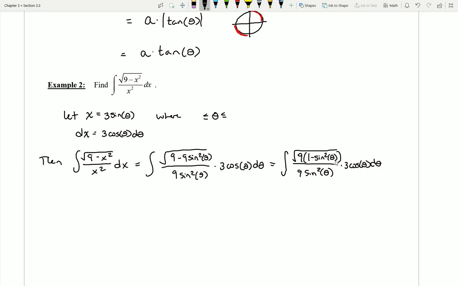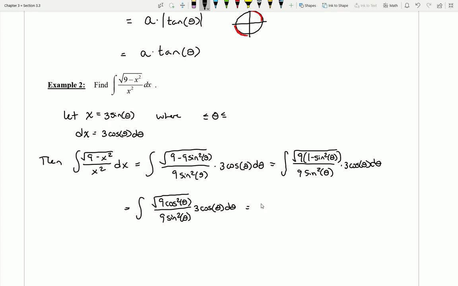Under the radical, 1 minus a sine squared, I know that's a cosine squared, and so I can rewrite that as 9 cosine squared theta, all under my radical, 9 sine squared in the denominator, a 3 cosine on the outside with my d theta. Now I'm going to keep going.